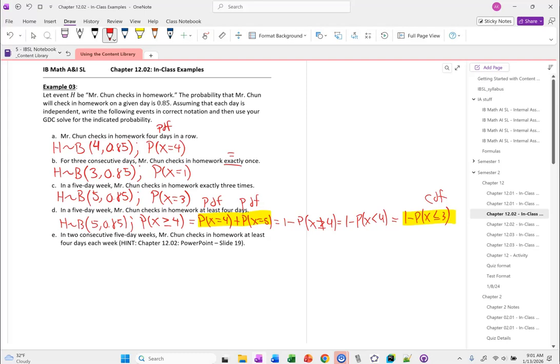Okay. In 2 consecutive 5-day weeks, Mr. Chun checks in homework at least 4 days each week. Will you add them? Nope. You would take your result from the prior one and square it.